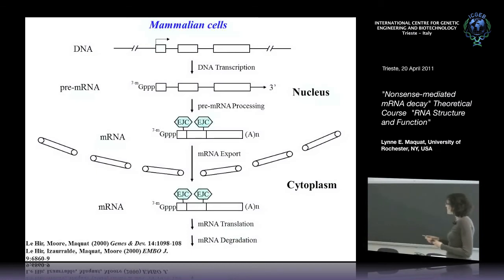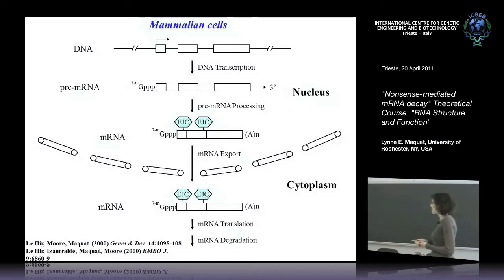We uncovered a remarkable link between pre-mRNA splicing in the nucleus and mRNA translation and degradation in the cytoplasm that's provided by exon junction complexes, which are complexes of proteins deposited upstream of the exon-exon junctions of newly synthesized mRNAs, and they stably contain some of the UPF NMD factors. You've already heard from John about UPF1. UPF1 transiently associates with the EJC. UPF2 and UPF3 or 3X are stable constituents of the EJC. And you'll see more about that in a minute.